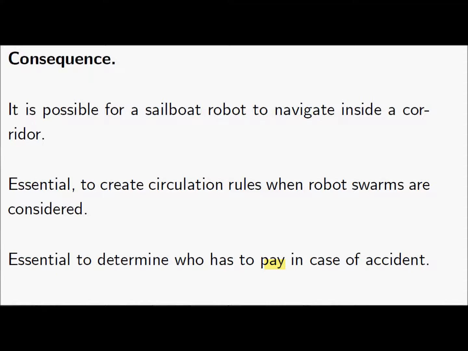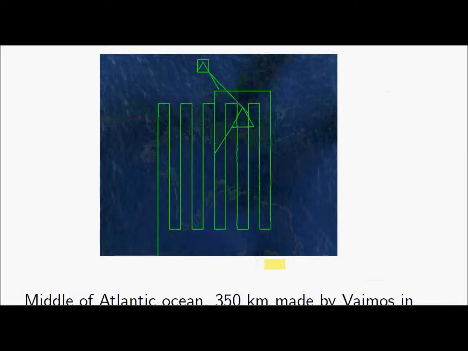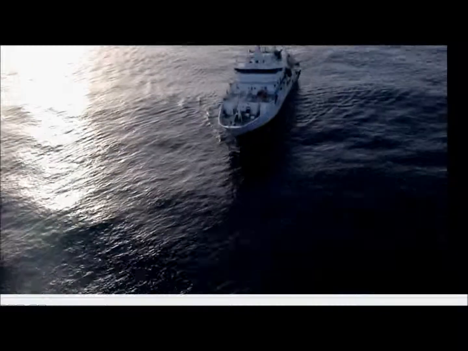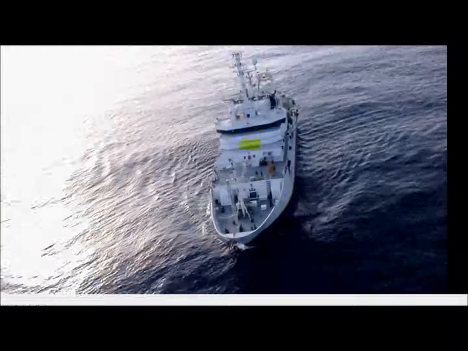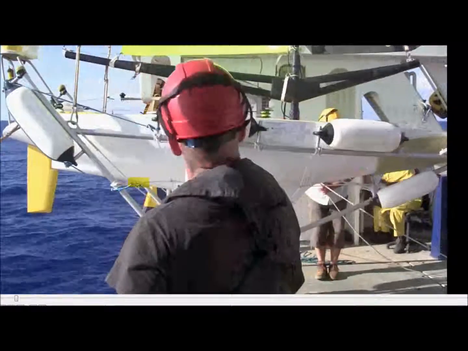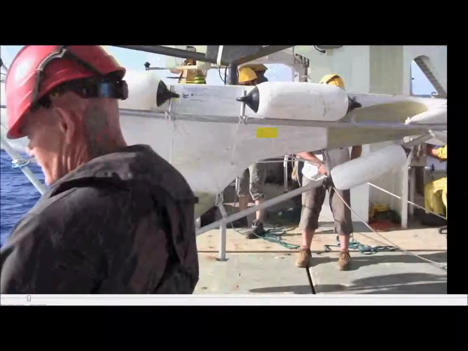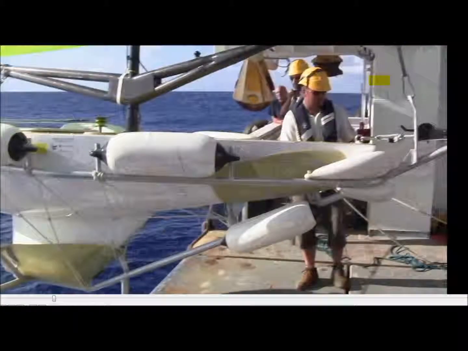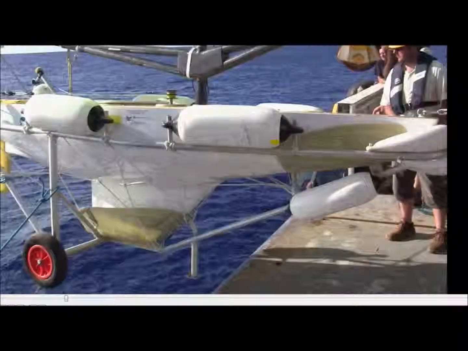To finish, I will show this mission in the middle of the Atlantic Ocean. I will show a video of the beginning and the end of the mission. Here is the Thalassa boat of Ifremer. Vaimos is in the middle of the Atlantic Ocean. And here is Vaimos. Here, Olivier Ménage, one of the people responsible for the project.